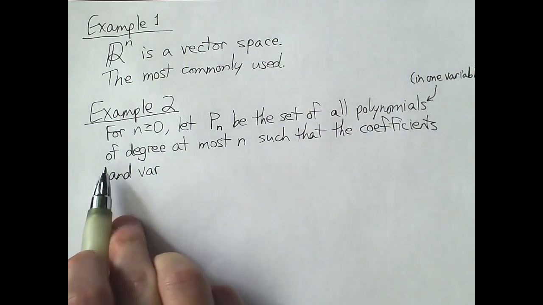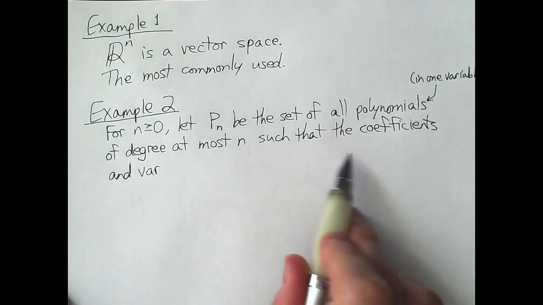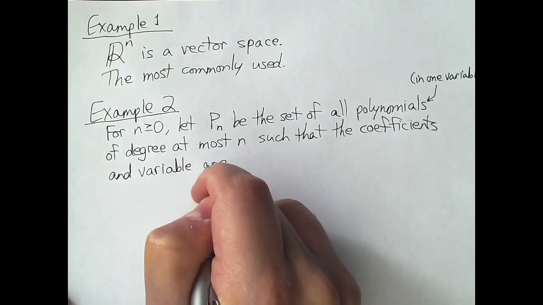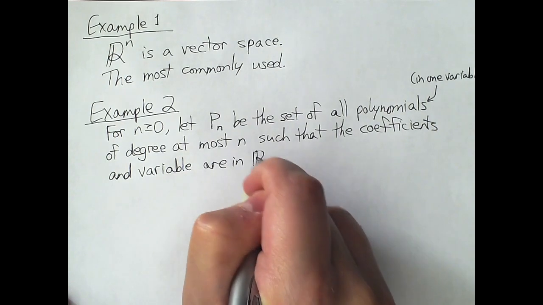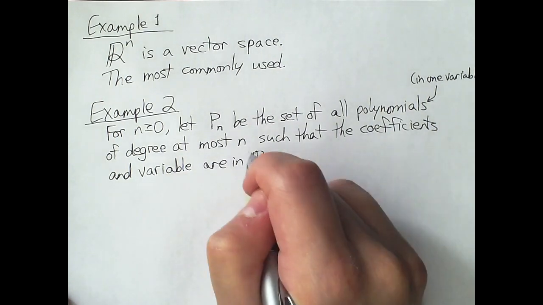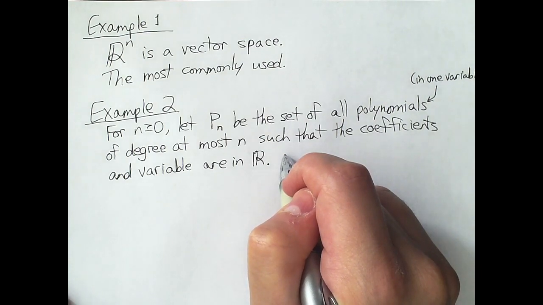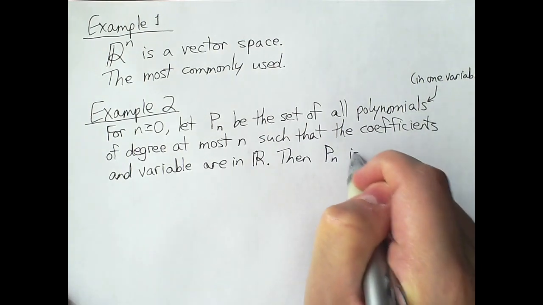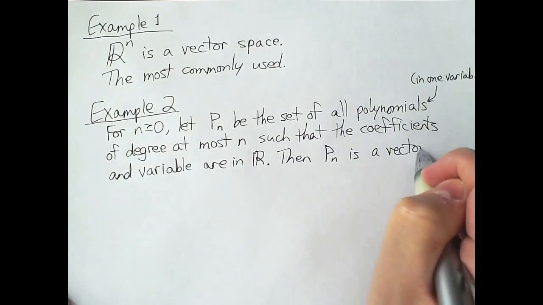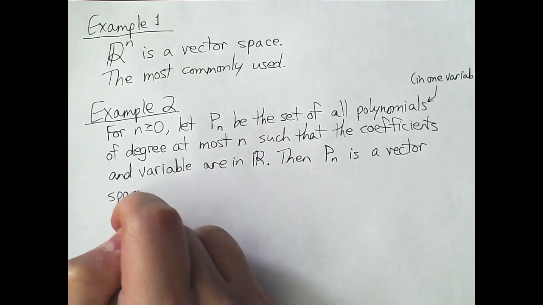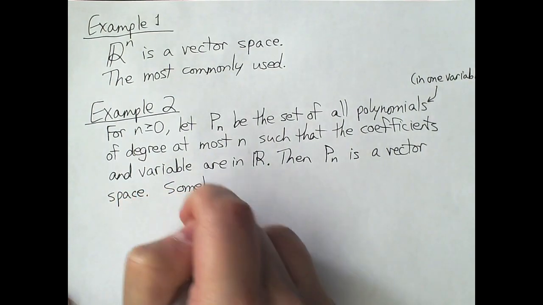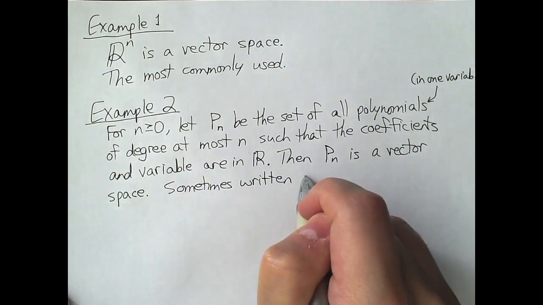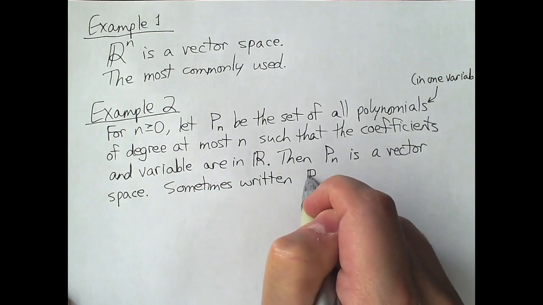Polynomials with one variable. Polynomials of degree at most n such that the coefficients and variable are in R. Then Pn is a vector space, sometimes written as this fancy looking P with the n down here.